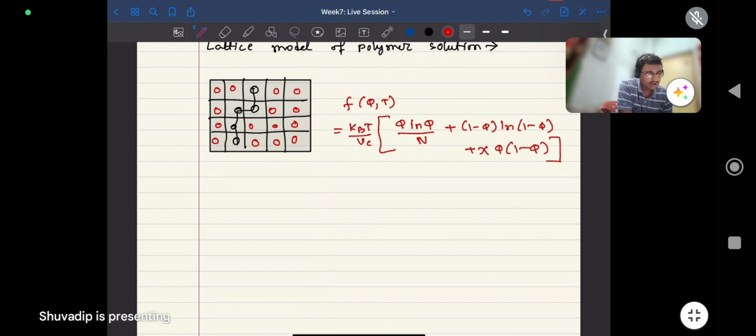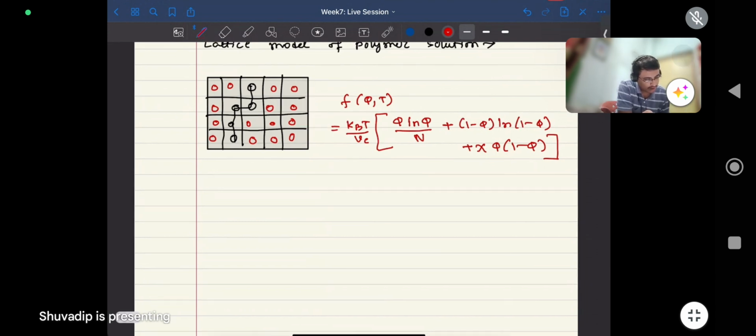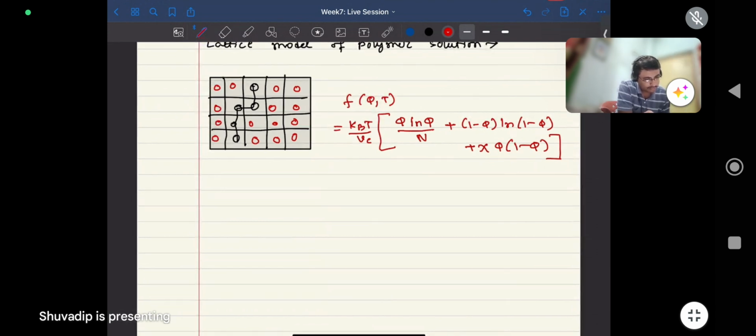So in this case, if we want to calculate the same kind of chi versus phi diagram, this is also calculated in the lecture, you can see. In a similar way we have to calculate f prime, f double prime and f triple prime, and from that we will get all the quantities of our interest.